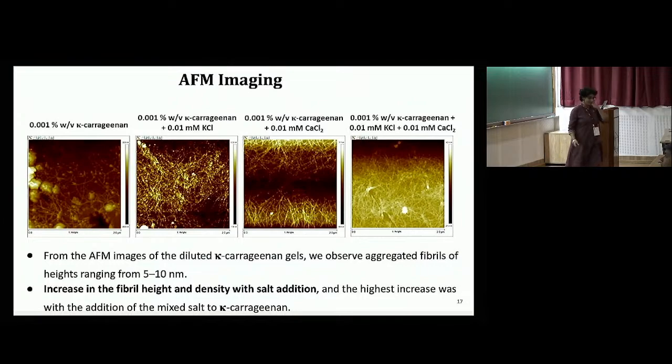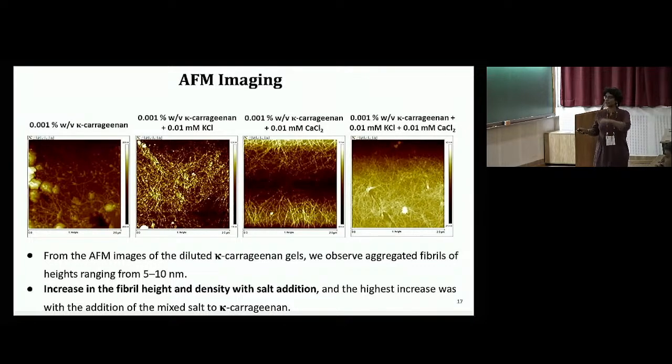So these are some of the AFM images which we tried to do. These are in dilute conditions, so the amount of kappa carrageenan is very low. But hopefully the images show that as I go from without salt to increasing salts and the mixture of salts, I form more and more dense fibril assemblies, or smaller and smaller mesh sizes of these assemblies, which gives rise to a higher modulus.